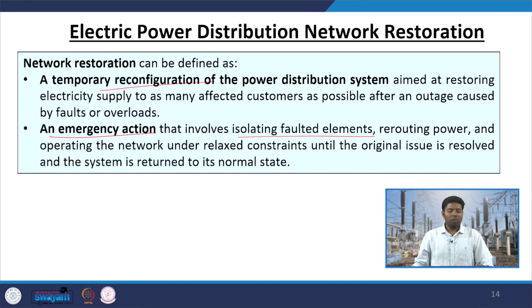But you cannot afford to let your customers be in the dark or without power for those few days, because that will reduce the system reliability and customers will become dissatisfied, unhappy with your service. So, at that time you can take temporary reconfiguration of your network and cater to the loads within a few hours or a few minutes. Okay.